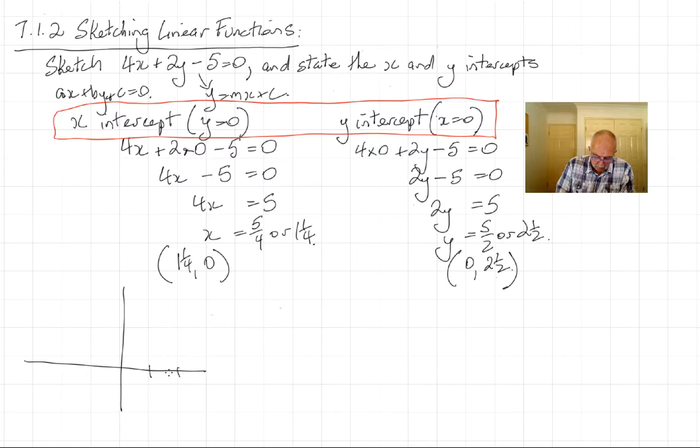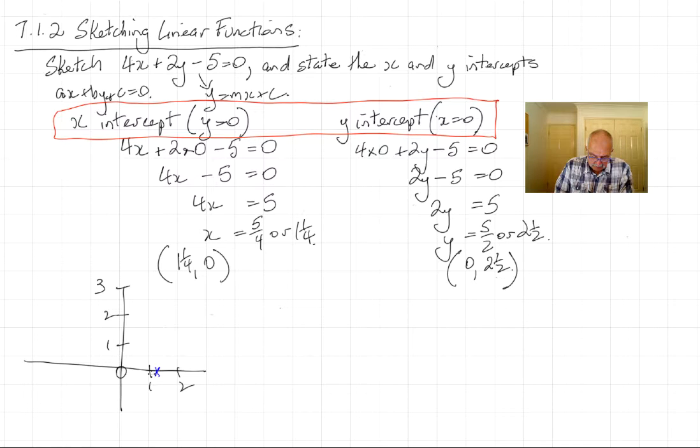So we've got 1, 2, 0, 1, 2, and 3. So the point 1 1/4, 0, we do it another colour here. So there is 1 1/4, it's a quarter of the way between 1 and 2.